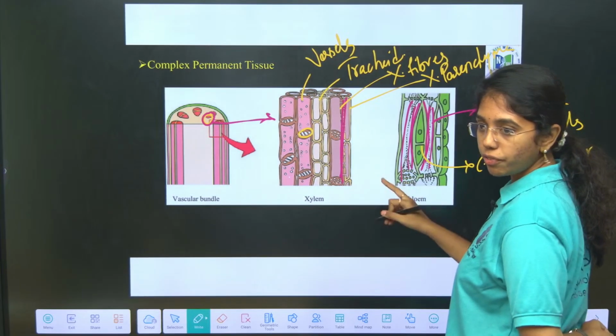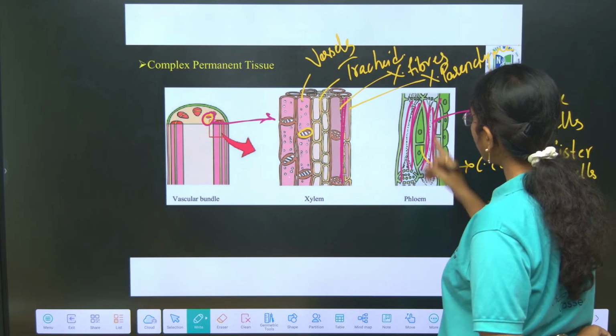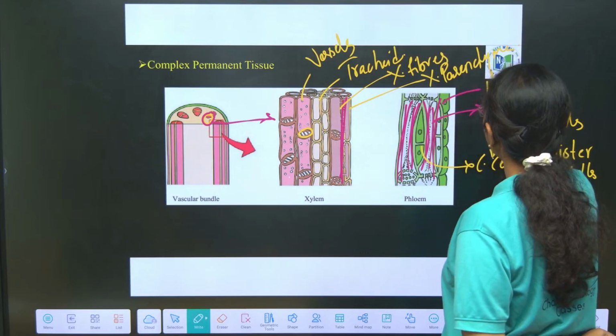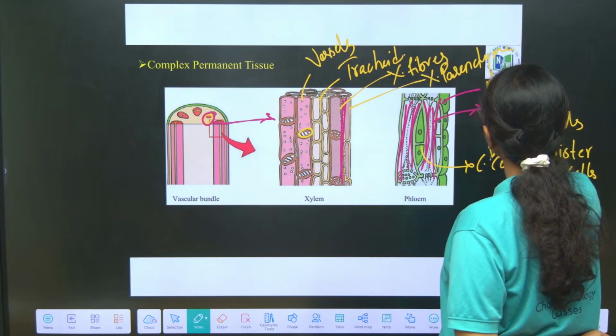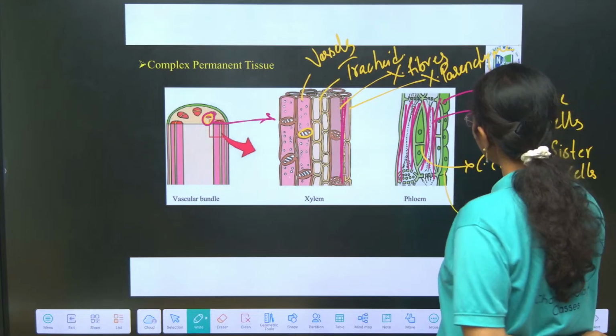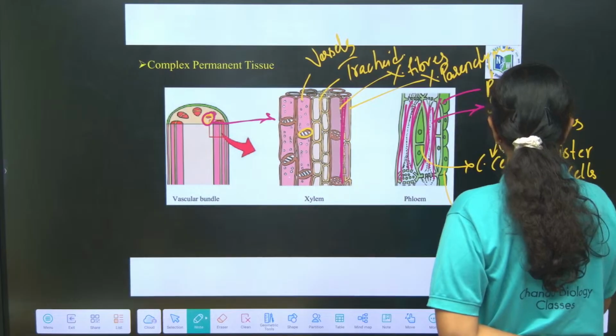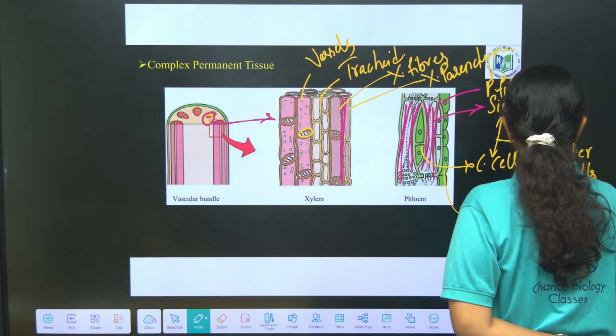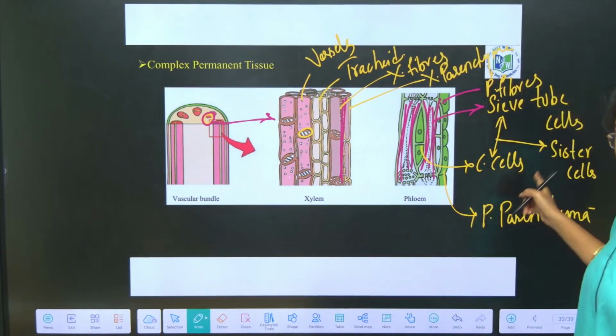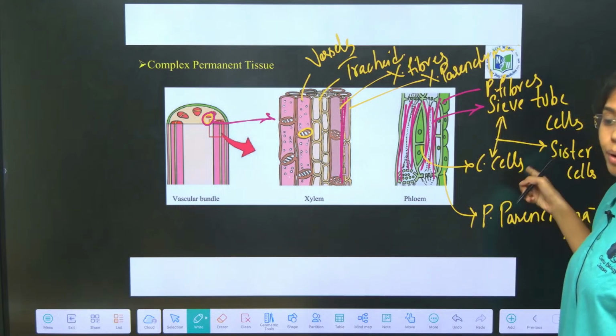Sieve tubes, companion cells, followed by dead cells. What are they? Phloem fibers, and living tissue, that is phloem parenchyma. Noting down or not? This you will not see in the NCERT, but it is important.